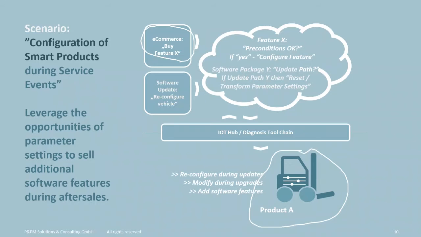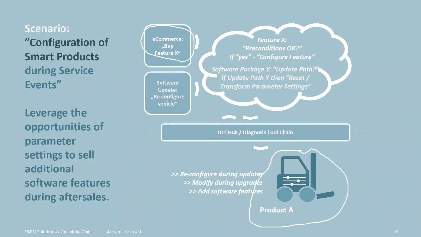So there needs to be a kind of technical clarification process, and there needs to be a kind of supply of the relevant parameter settings down to the diagnosis toolchain, so that your product A is reconfigured and therefore offers now this additional light setting to your customer for operational use.